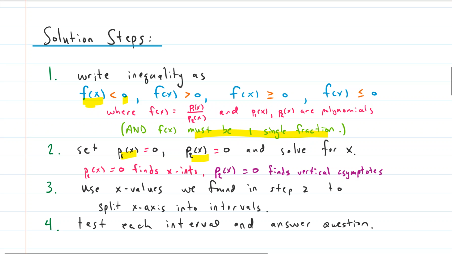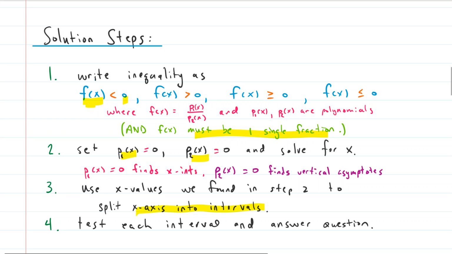And these rational inequalities only change sign, meaning the function doesn't ever change from below the x-axis to above the x-axis or vice versa, unless it happens at an x-intercept or an asymptote. So we find out where all of those happen, and then we can find where we have intervals, which is step 3.